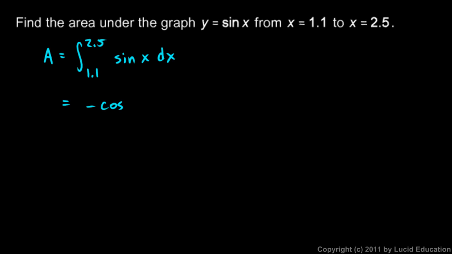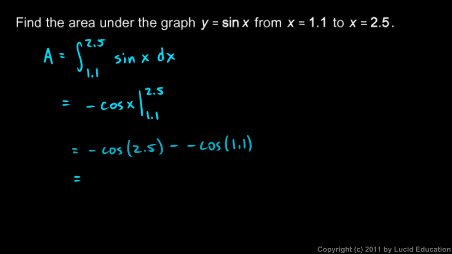So this is negative cosine x evaluated from 1.1 to 2.5. So this means negative cosine of 2.5 minus negative cosine of 1.1.